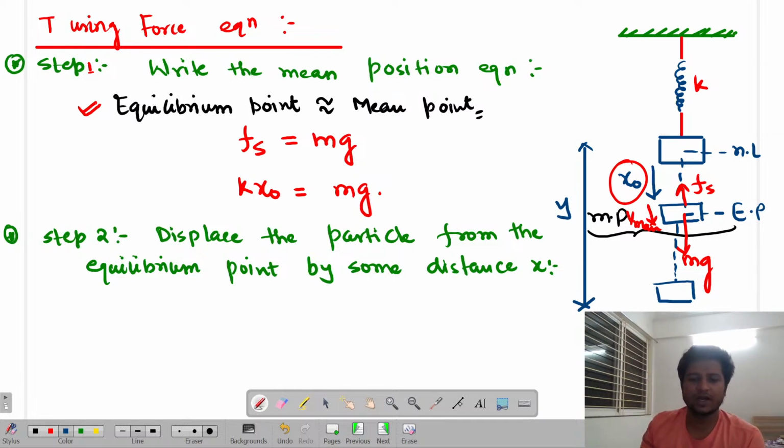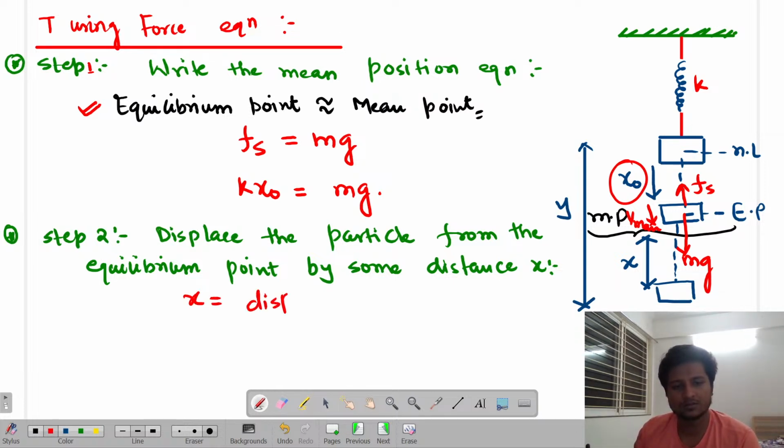Now if it is y distance, I call this from the equilibrium point, this is displaced by something, displacement of how much, x. What is x? Displacement of block from equilibrium point.